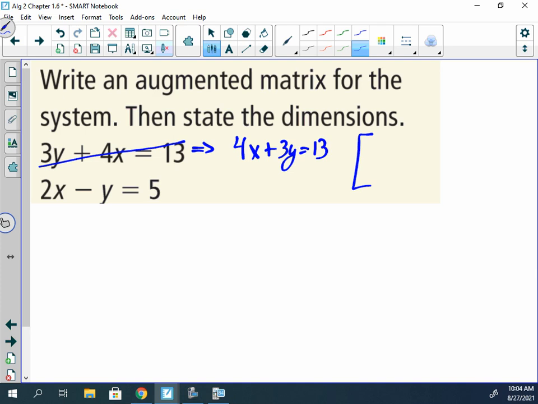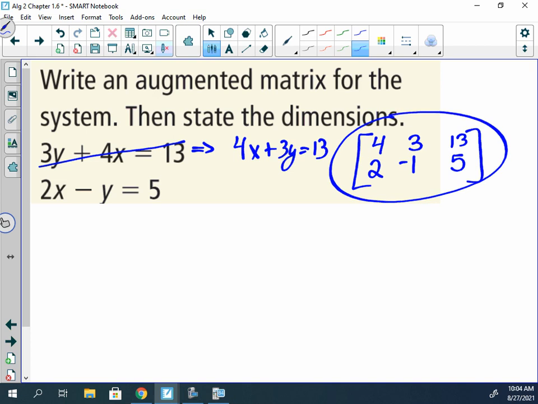So we can go on and write our augmented matrix, and the dimensions would be 3 by 3. And that's it. That's all we have to do for this here.